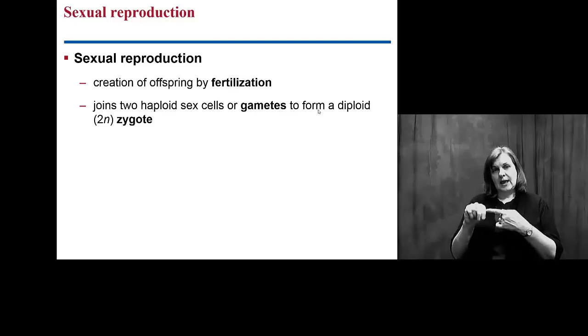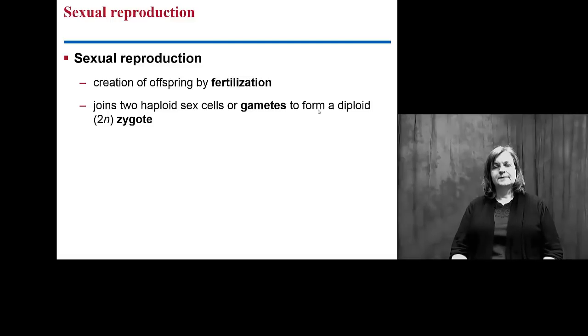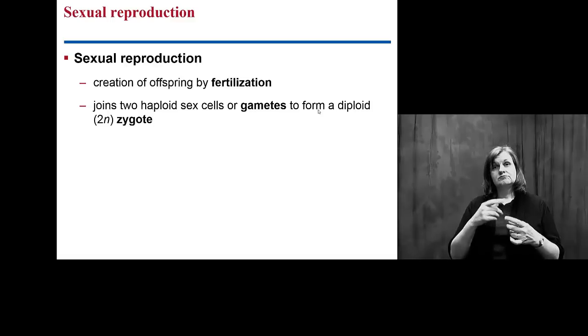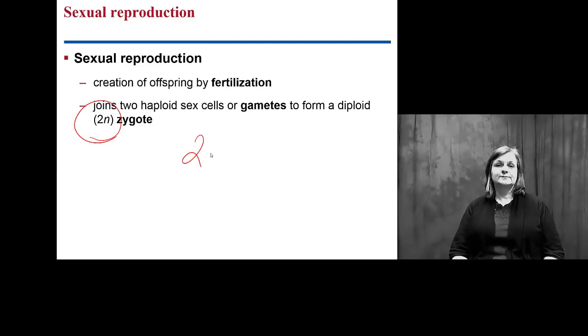So in the process of producing a gamete, or in this case, choosing two gametes that will form a diploid zygote, 2N. Remember, 2N refers to chromosome copy.